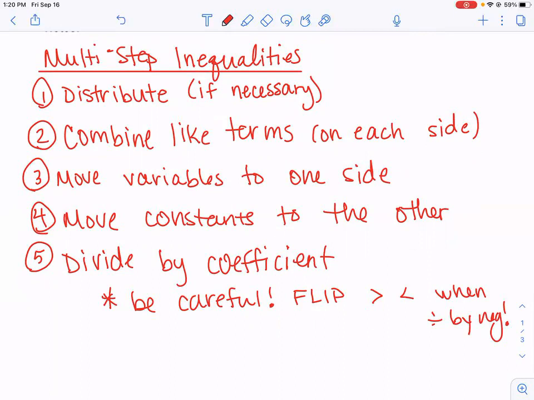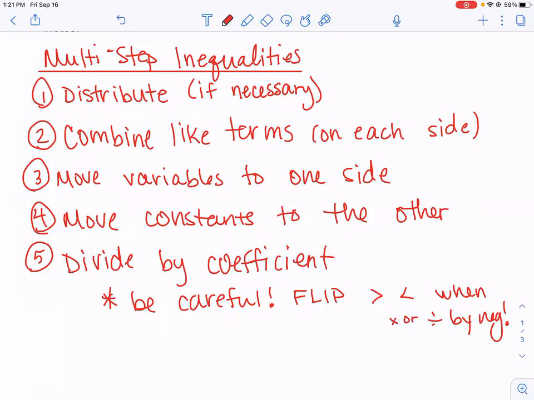So even though the fire drill took out a chunk of our time, that's okay. All we're doing is practicing these inequalities, okay? And it's not going to feel a whole lot different from when we did equations. We just have to be careful with the inequality sign. So does the inequality only flip when you divide? Or when you multiply?